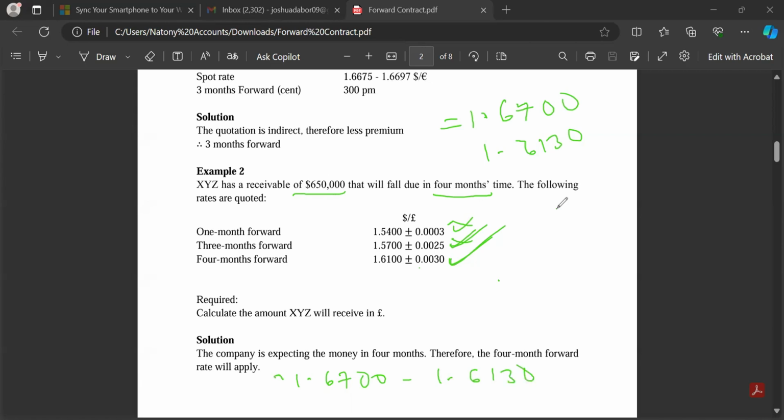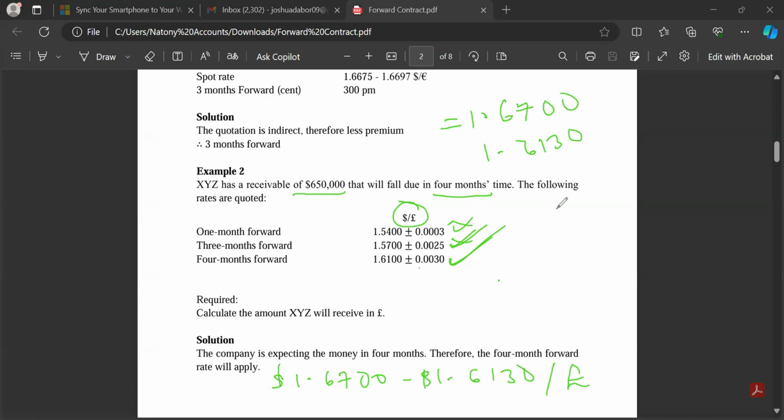And the quotation there is USD to the pound sterling. Which rates will apply for a receivable? For a receivable, the bank is always buying. When you receive the money, you sell to the bank.